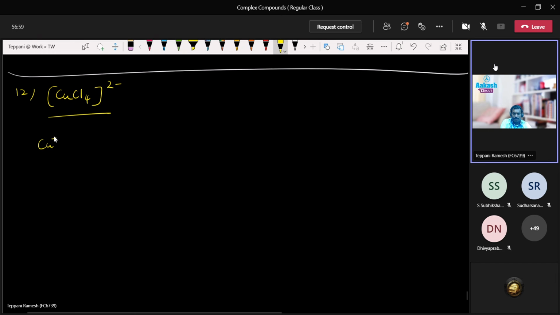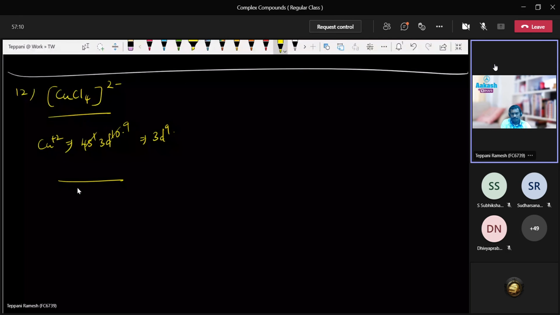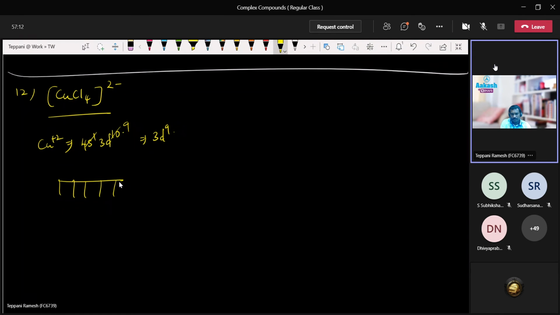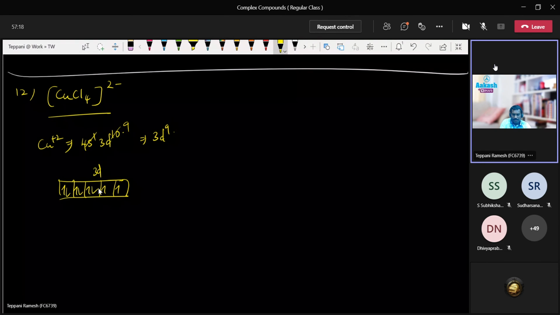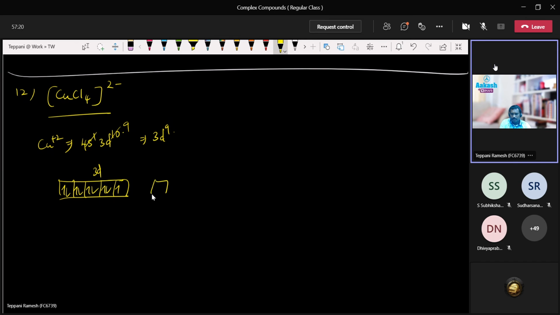Copper plus 2: copper is actually 4s1 3d10, so copper plus 2 means 3d9. Then 4s, 4p, sp3 hybridization.